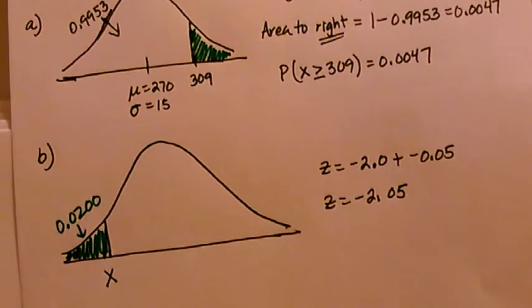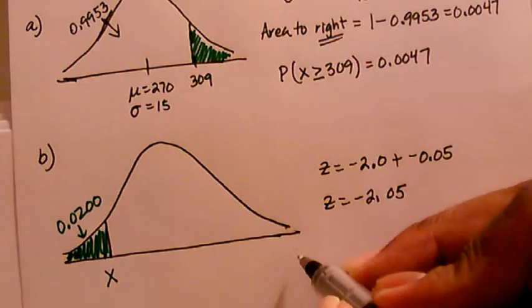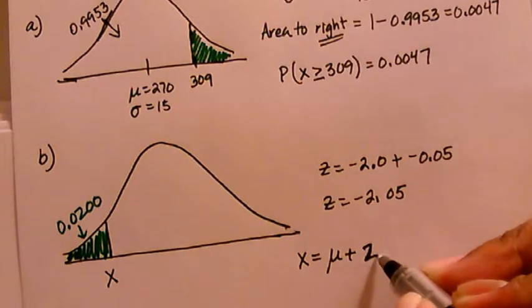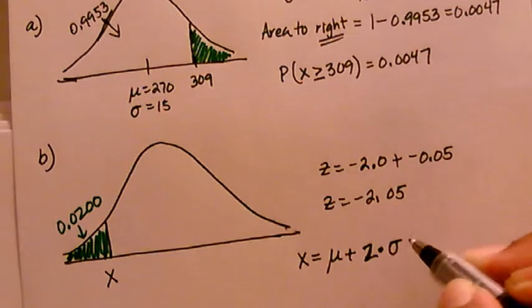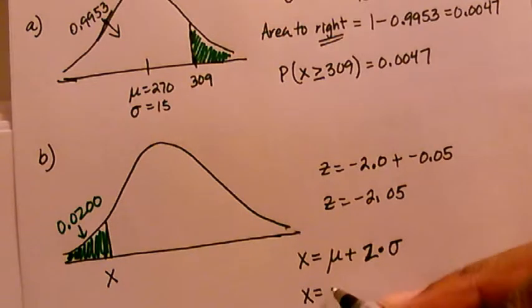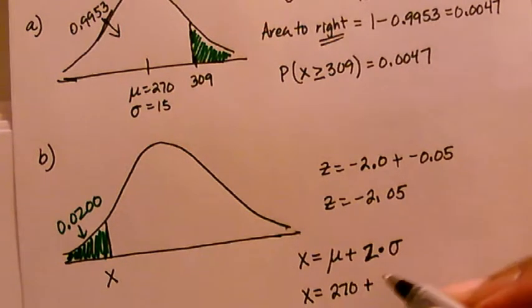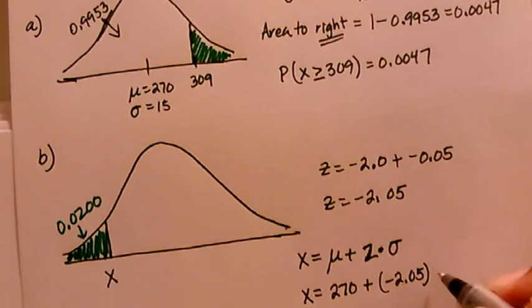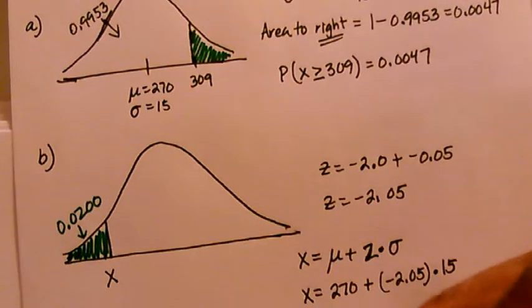And then get the x value. Your x value is this, mu plus z times sigma. Your mu, in this case, was 270. Z is negative 2.05. Sigma is 15.